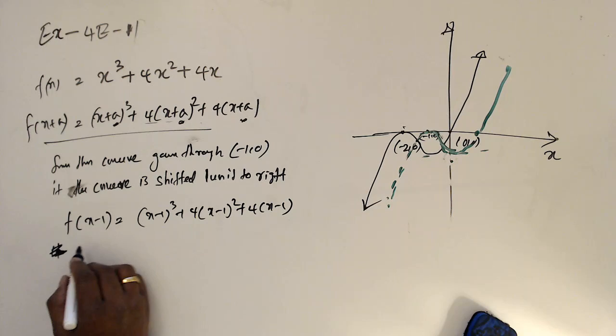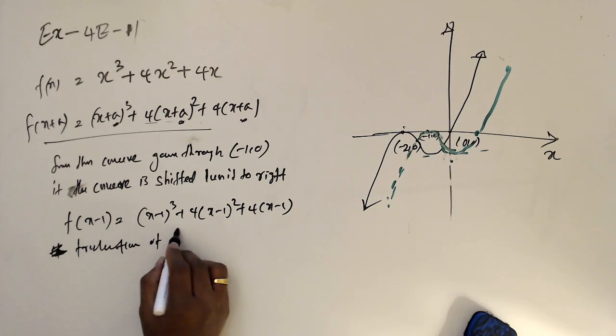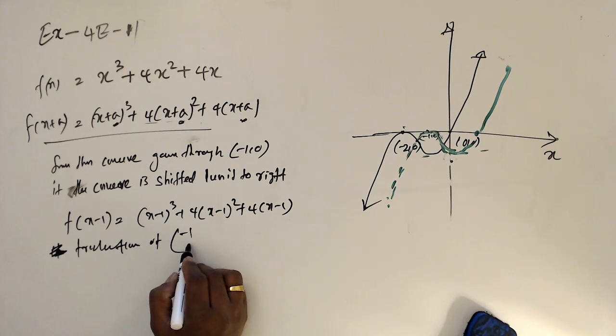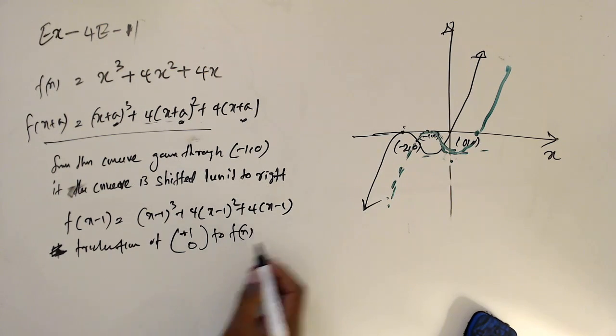So the translation is a translation of (1, 0) to f(x).